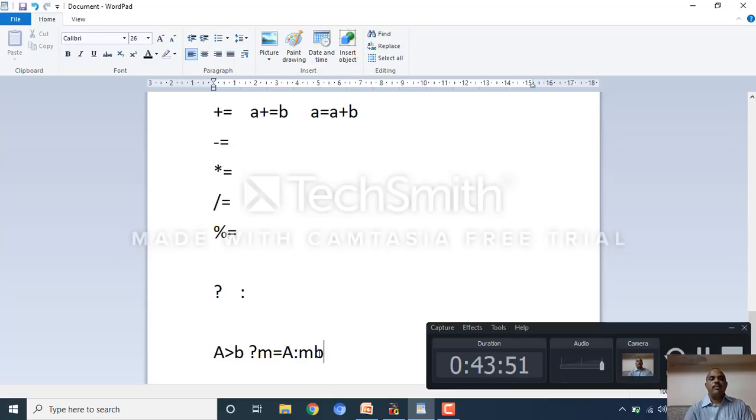Clear all of you? So here: a greater than b, expression 1, question mark, expression 2, colon, expression 3. For example, if a greater than b, question mark, m equal to a, then colon, m equal to b. Then question mark and colon are the ternary operators.